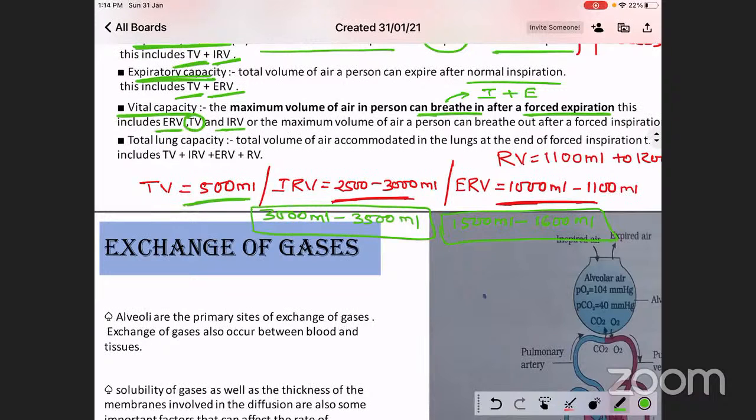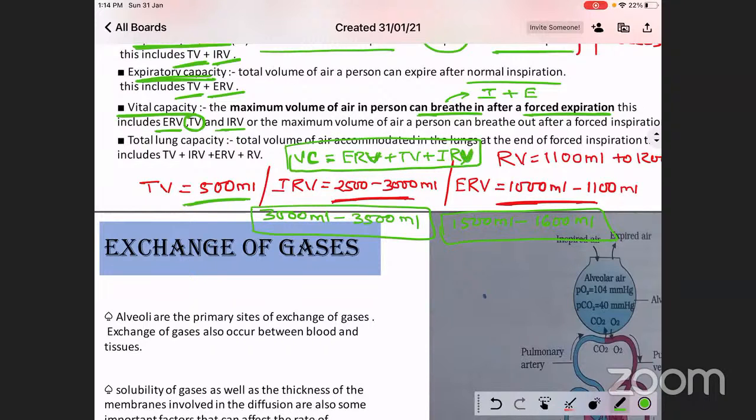So we are also adding the expiratory reserve volume, and that completely forms your vital capacity, that is, how much additional you can inspire and how much additional you can expire. Okay, so when we are calculating the vital capacity, you can write it as ERV plus TV plus IRV.